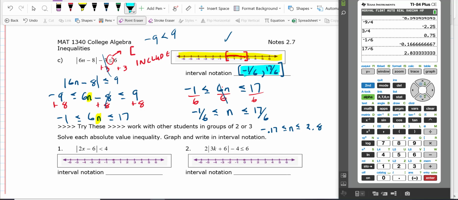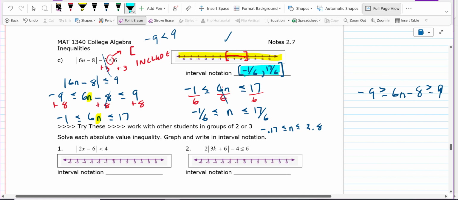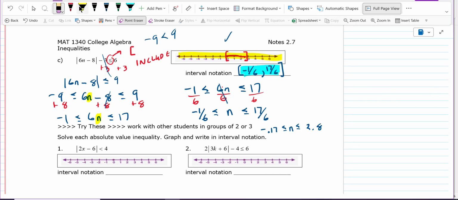Okay, now just to show something on this too, and I don't care to do this on every problem, but if you pick a number in the middle, like x equals 1, and you plug it into the original, look what would happen. You would get, basically, |6 times 1 minus 8| minus 3.